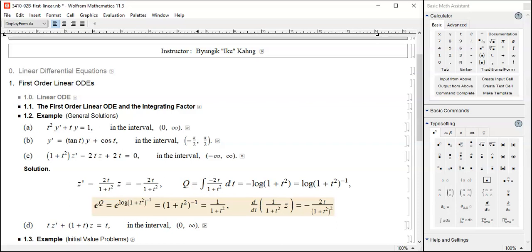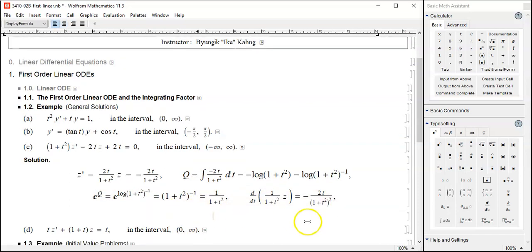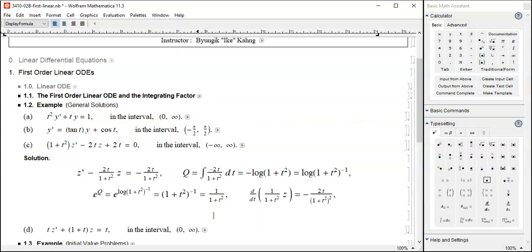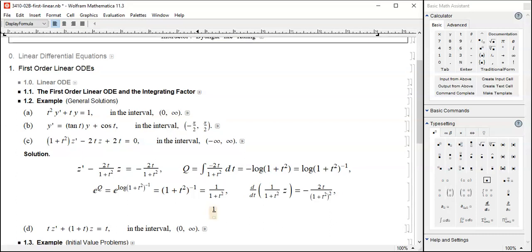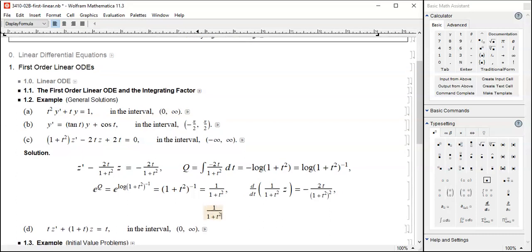Okay. Let's take the antiderivative. And again, because of the fractions, I need a bigger font. So, take the antiderivative, 1 over 1 plus t squared z.